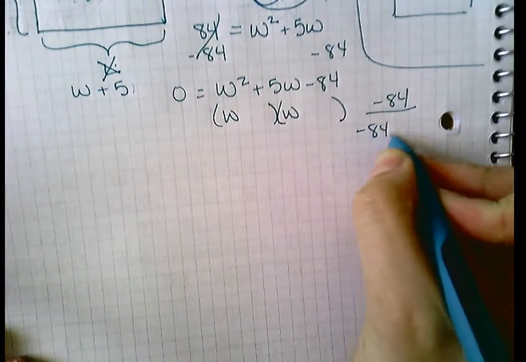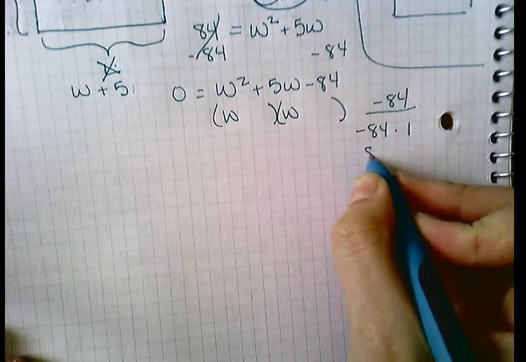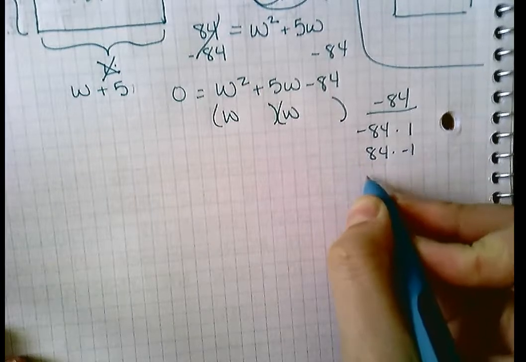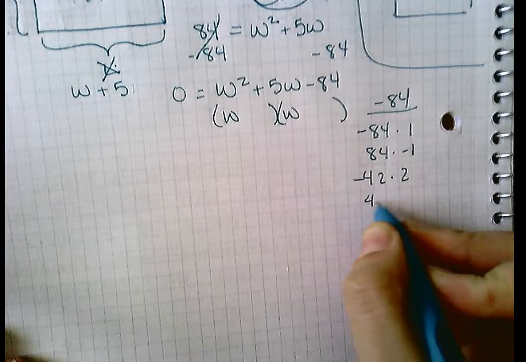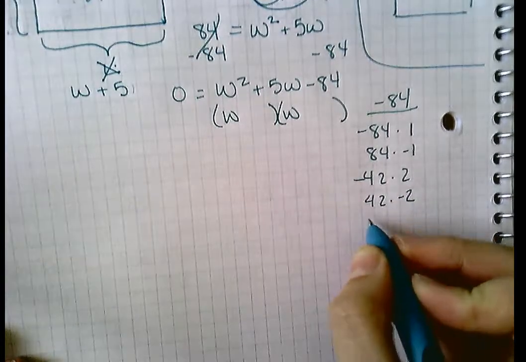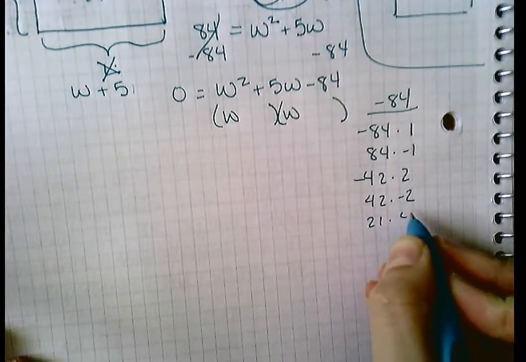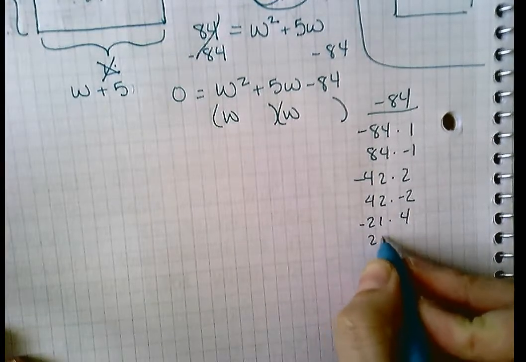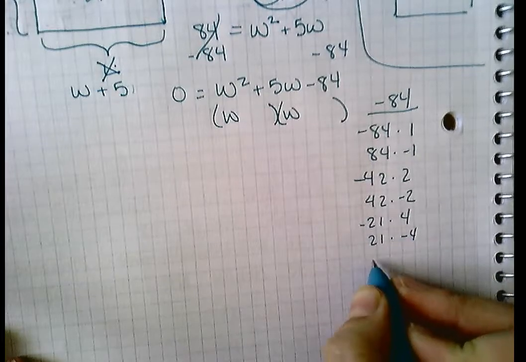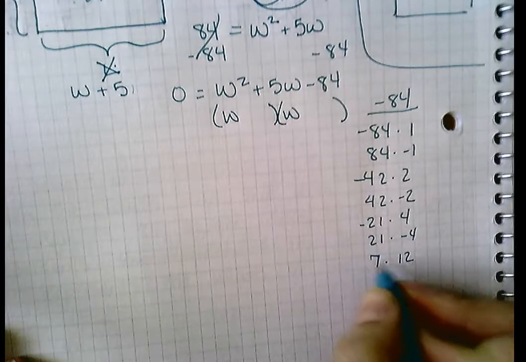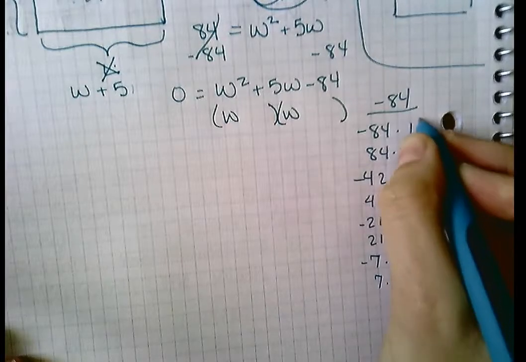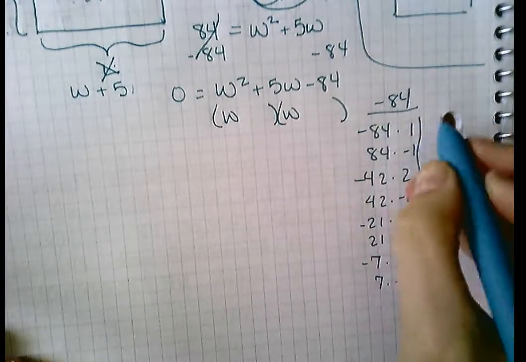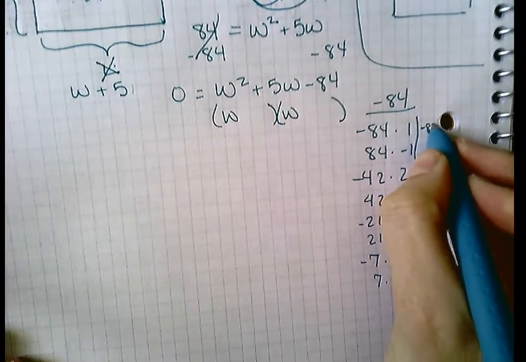So you think of all the factors. Okay, those are all the ways to create negative 84. You add them up.